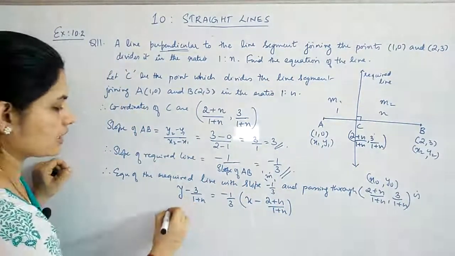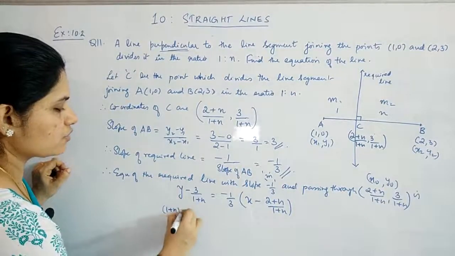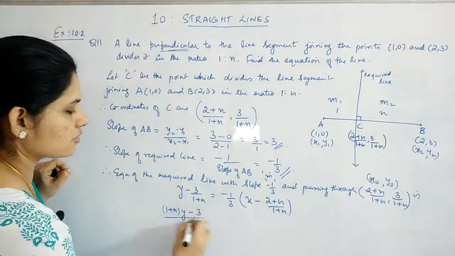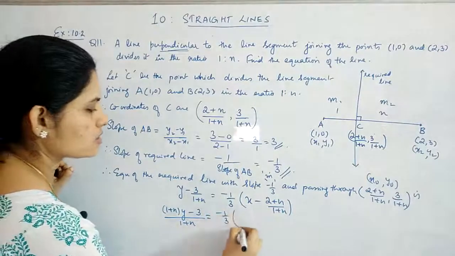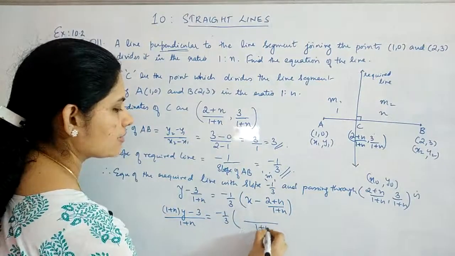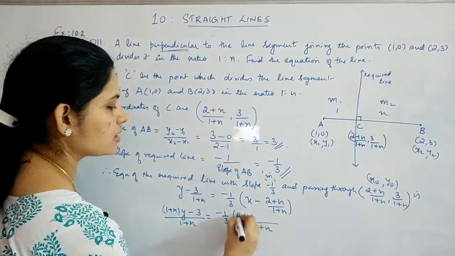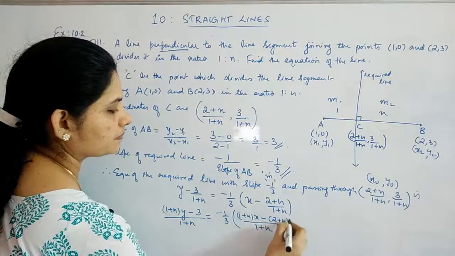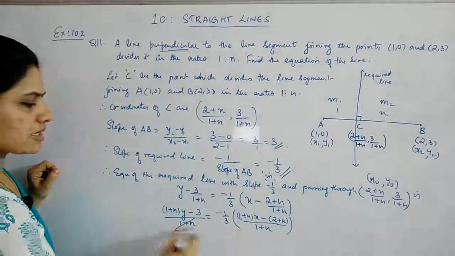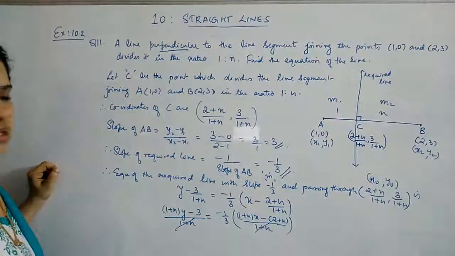Taking the LCM, you will get 1 plus n into y minus 3 divided by 1 plus n is equal to minus 1 by 3 into, again taking the LCM 1 plus n, here you will have 1 plus n into x minus of 2 plus n. So 1 plus n can be cancelled from both the sides.